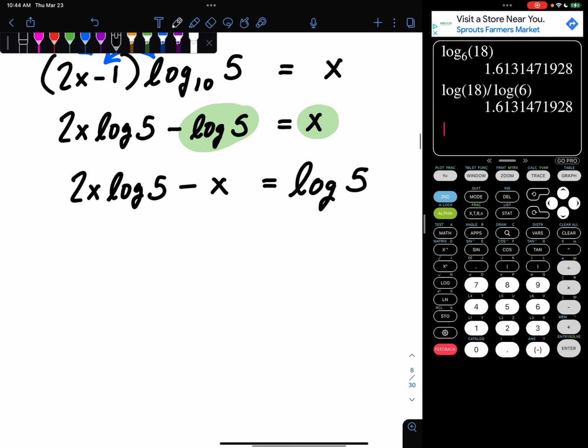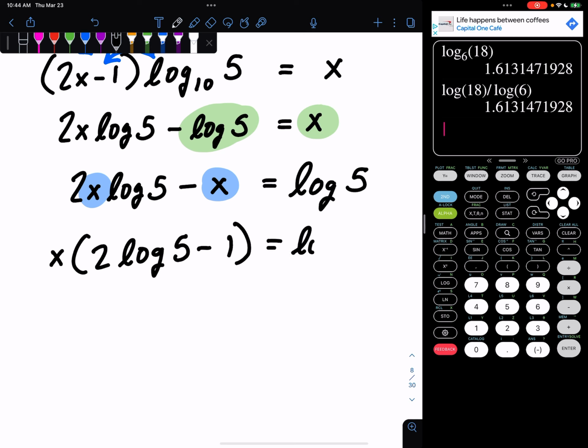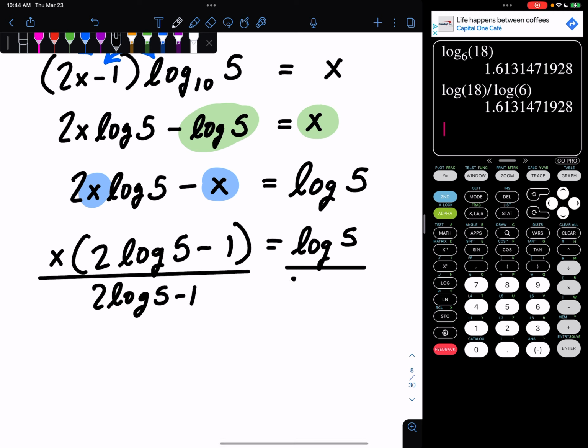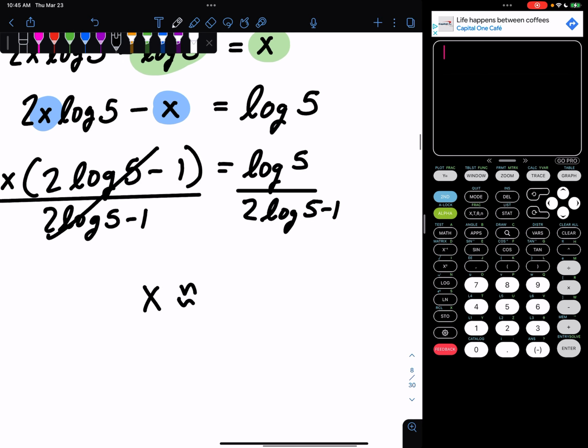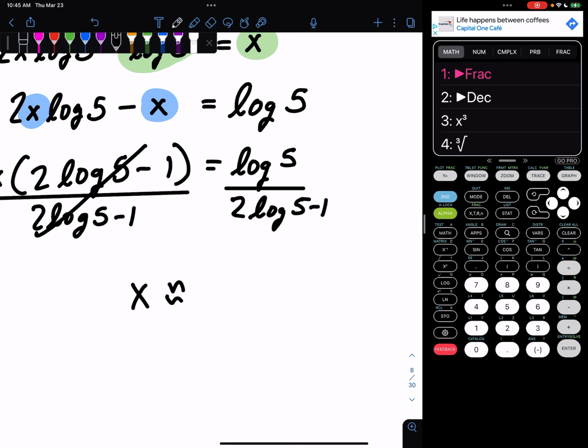Now, you got to factor out. See how there's an x on both of these? You got to factor out the x. 2 log 5 minus 1. Divide both sides by 2 log 5 minus 1. X is approximately equal to... All right, let's do a fraction.